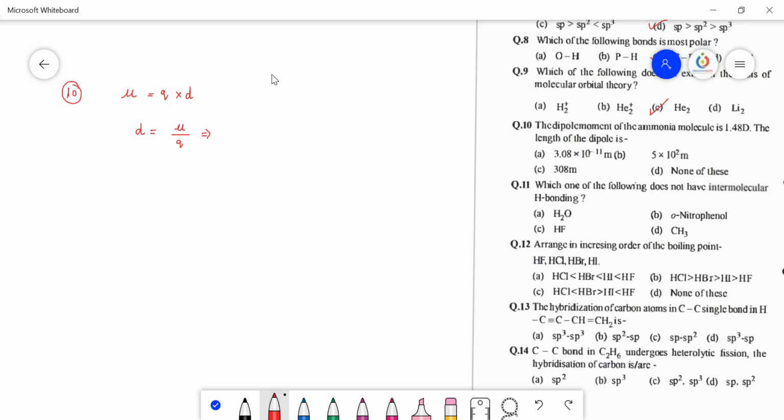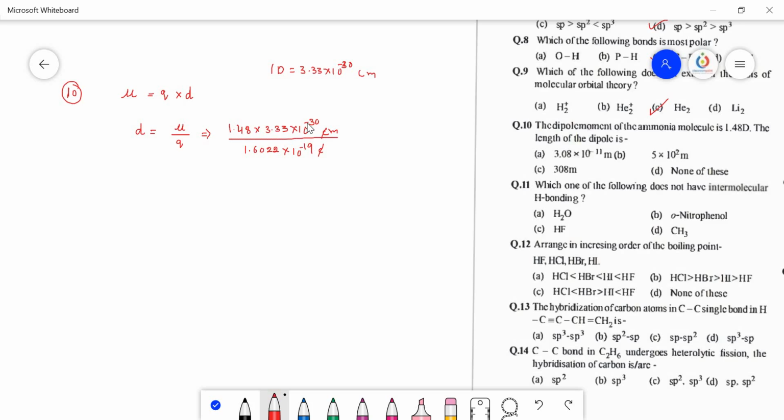So 1 debye unit is equal to 3.33 into 10 power minus 30 coulomb meter. Now I will take the mu value, that is 1.48 into 3.33 into 10 power minus 30 coulomb meter, divided by the Q value, that is 1.6022 into 10 power minus 19 coulombs.